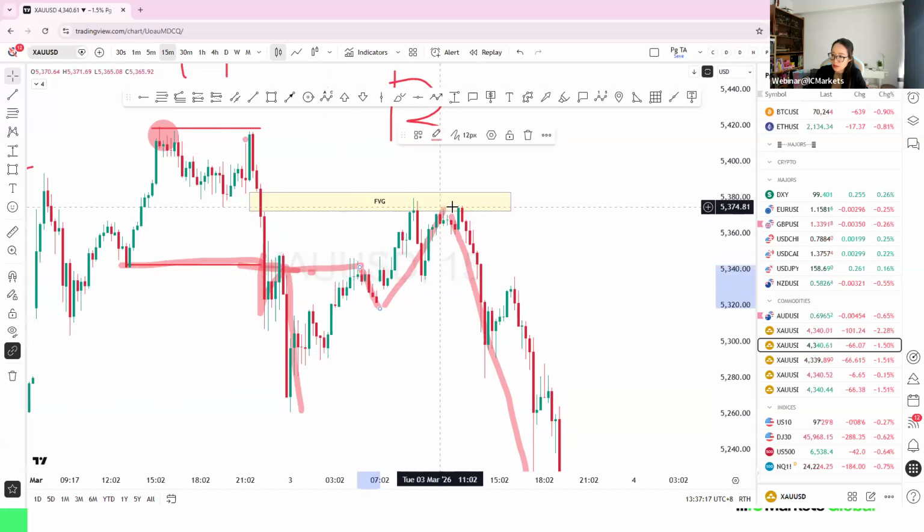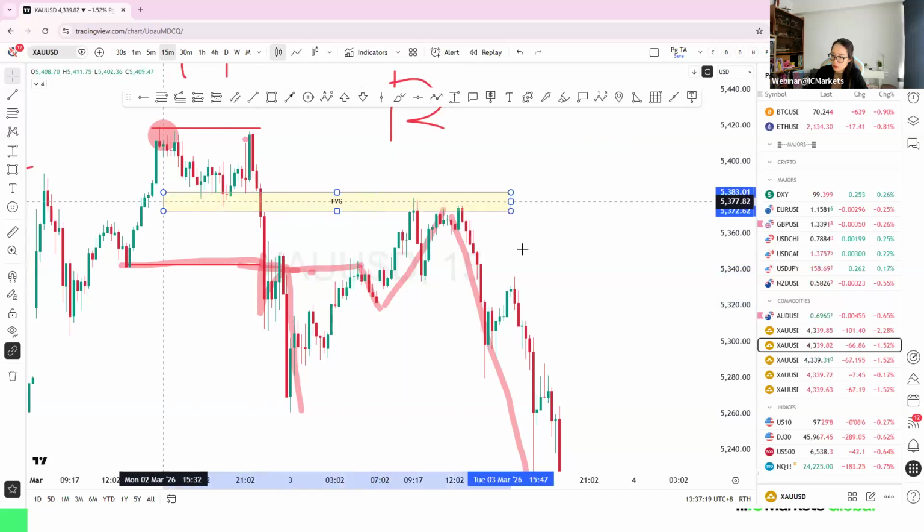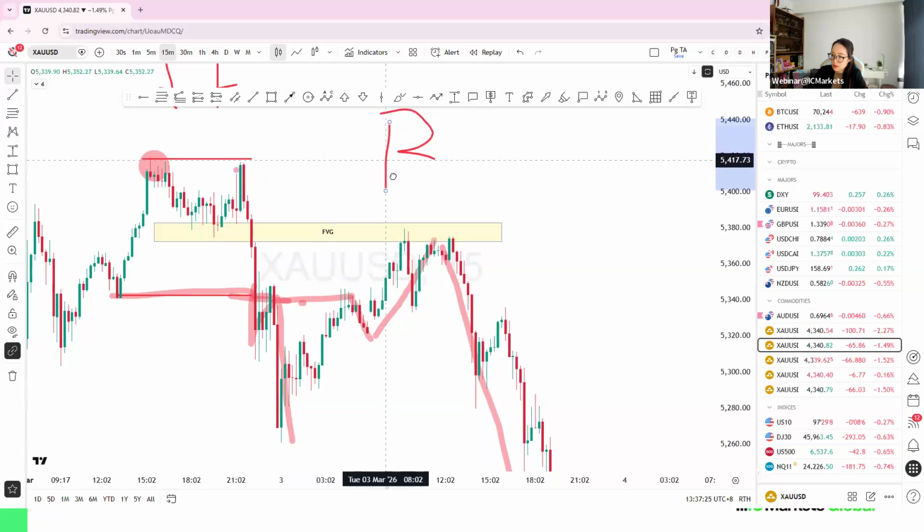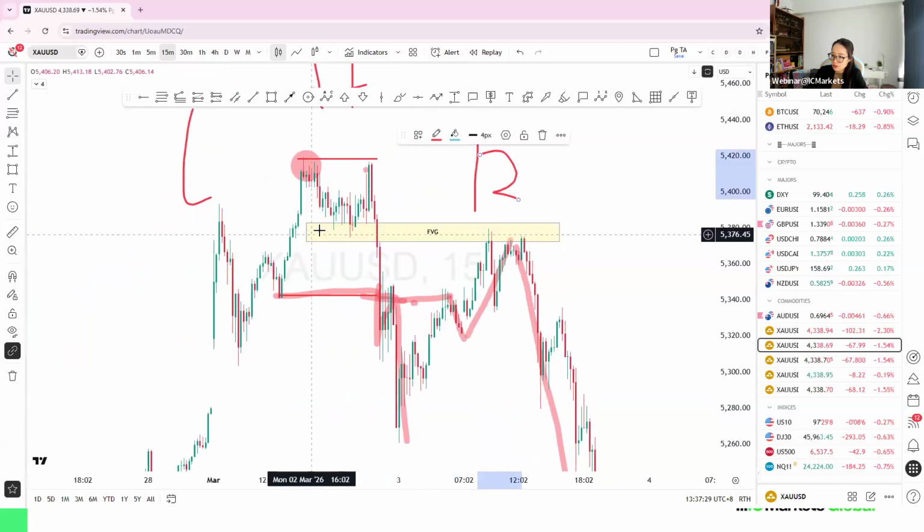Why? Price goes to this FVG. So this is their point of interest, or they want to go and complete the right shoulder, which is here.